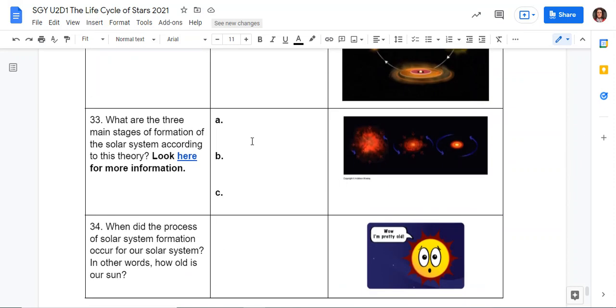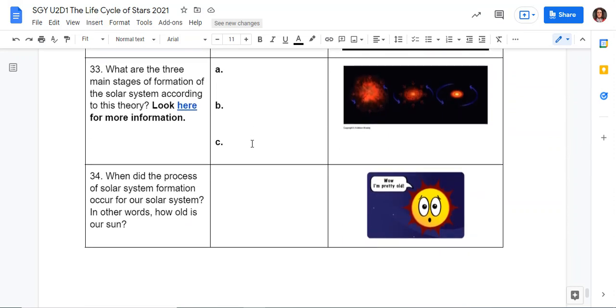theory. Number 33, what are the three main stages of formation of the solar system according to this theory? First is cloud collapse. So you have this cloud that starts to collapse due to gravity. And then we have the formation of a protoplanetary disk.